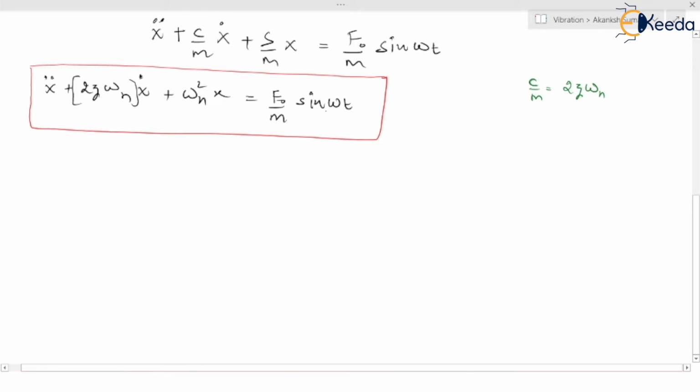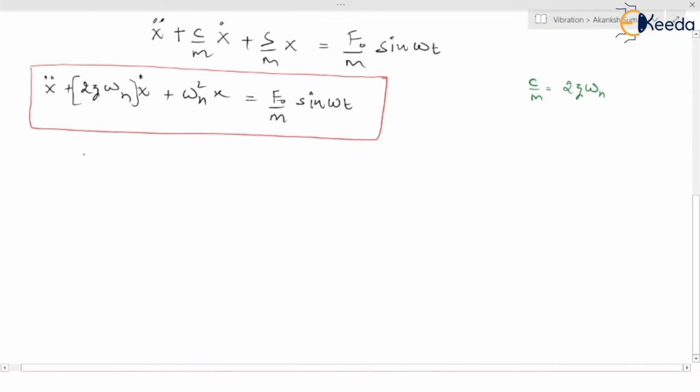But damped system is not a running mechanical system. This is the vibrations on the non-running mechanical system. So that's why there we are not considering F naught upon M sine omega t. But in case of force damped system, we have to consider the F naught upon M sine omega t. Okay, this is the equation of force damped system.